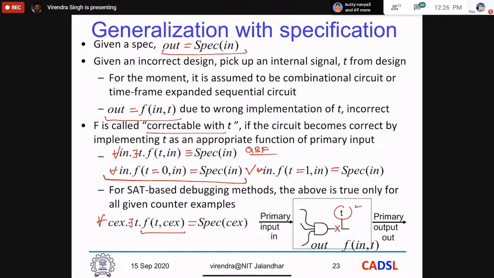So I want to get this solution of T, and my output is now a function of T. If I fix that T, in that case this T is now a function.